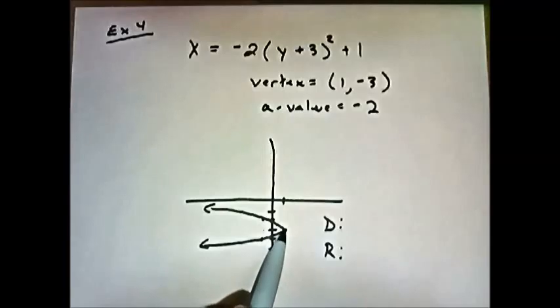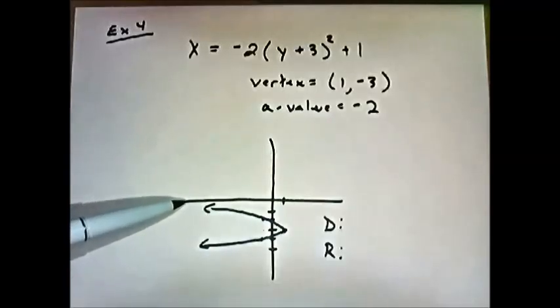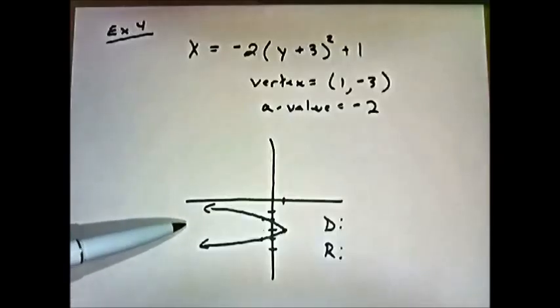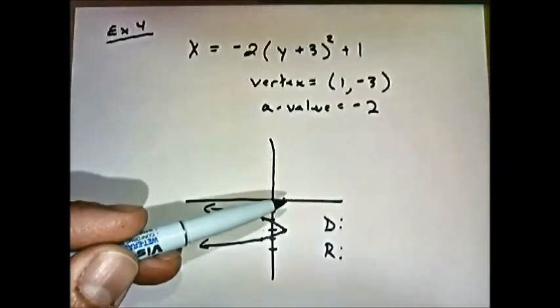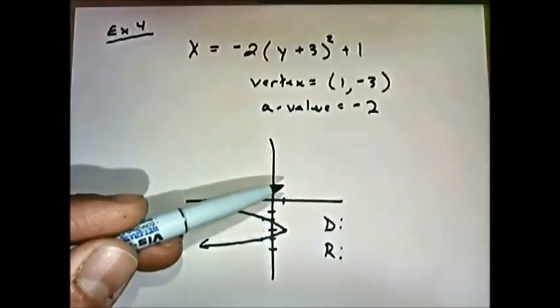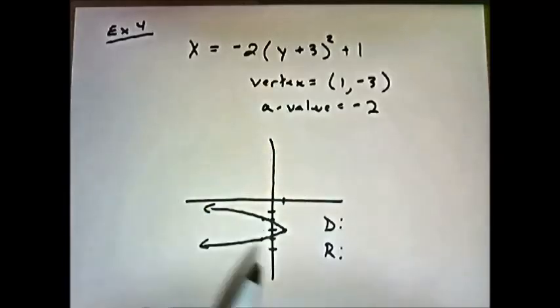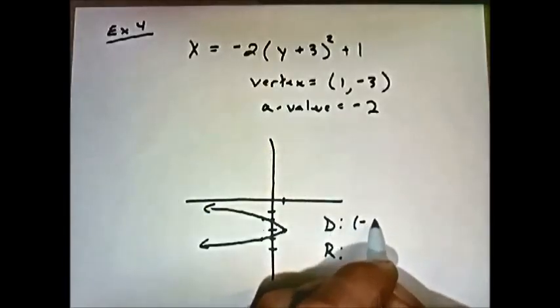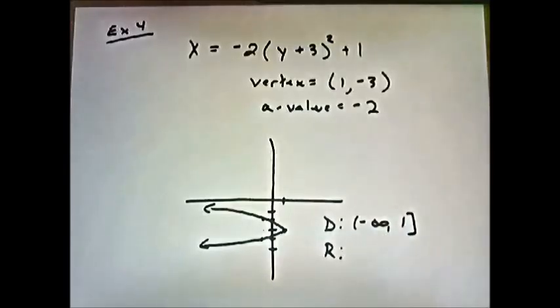Our domain, notice now we can have these negative numbers. So we can start at -infinity, come down, and we'll touch the graph. As we work our way across, we'll be able to do that until we get to x equals 1. After 1, we will not be able to touch this graph. So we say our domain is -infinity to 1, including the 1.